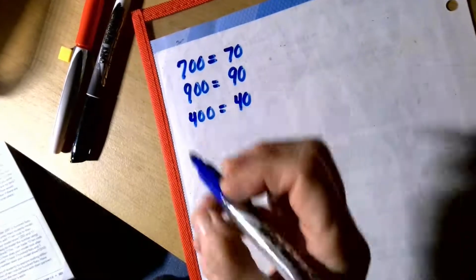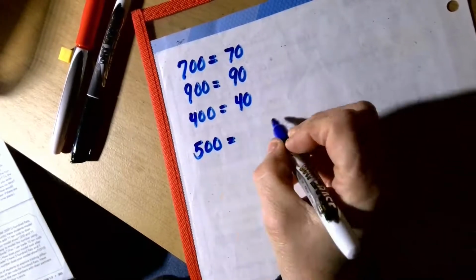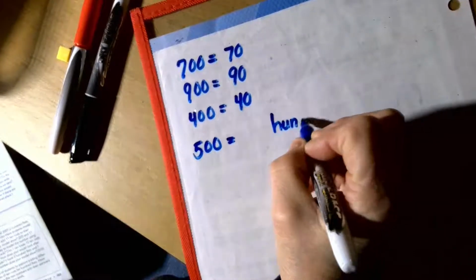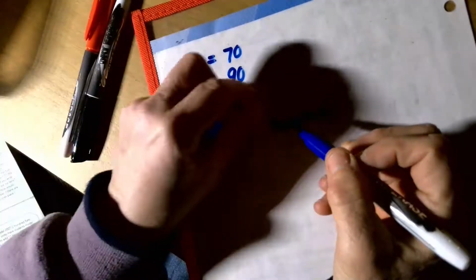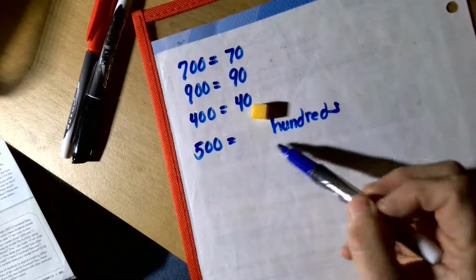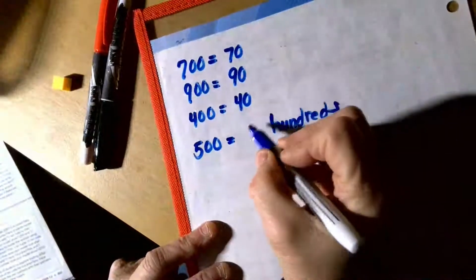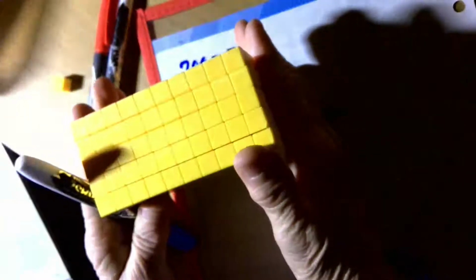Now, if I had the number 500, how many hundreds are in 500? So in other words, if I had 500 cubes, how many hundreds blocks can I make? I could make, yes, 5. For example, here's 500 blocks.